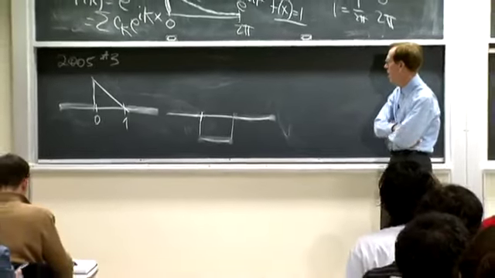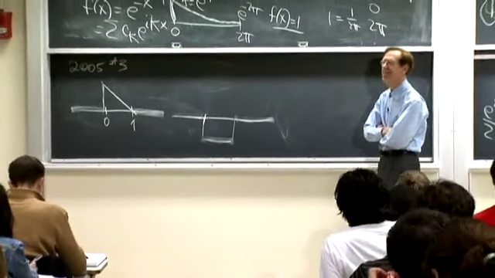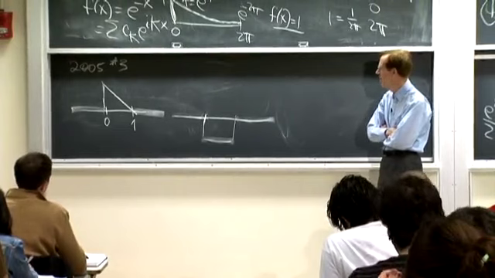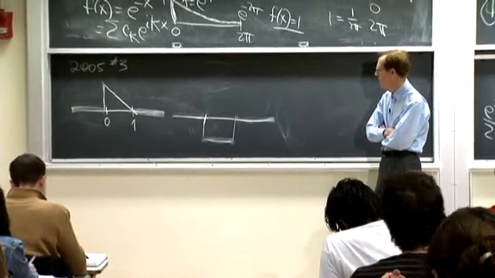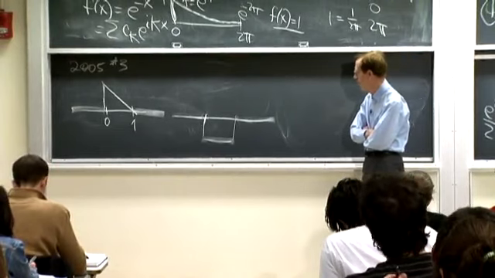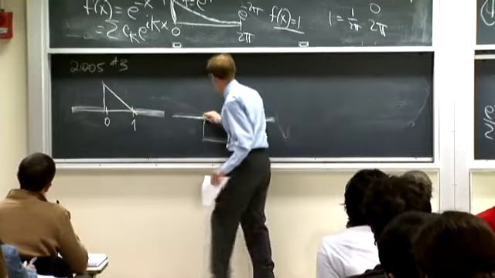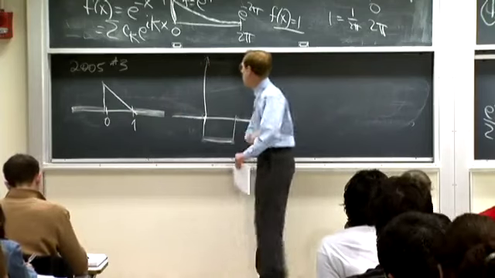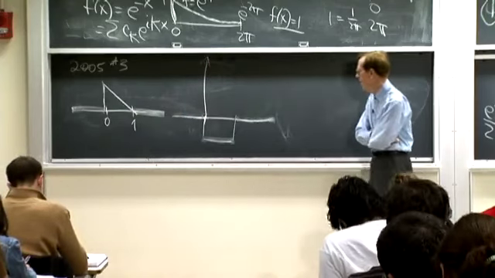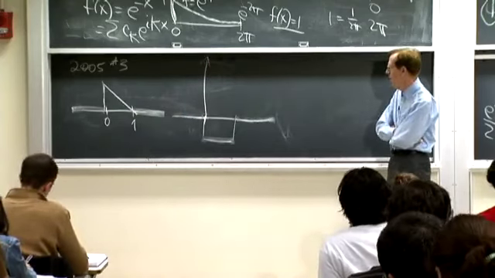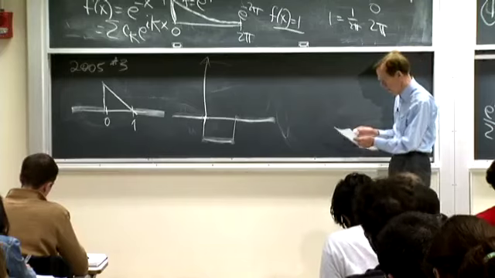No, it's not right. There's a delta. That was the tricky part of the problem. There's a delta in the derivative right here because of that jump. Is that better? Yeah, that's good.